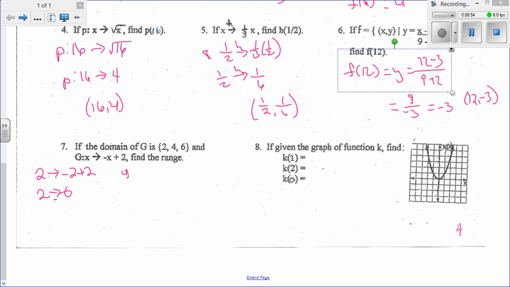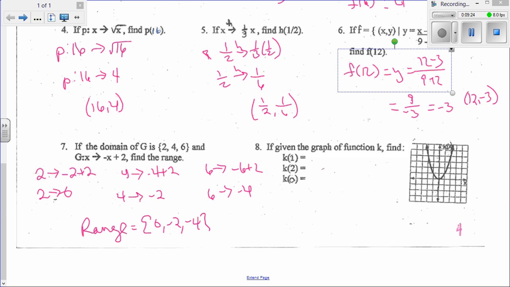When I put 4, I will have negative 4 plus 2, so I have negative 2. And when I put in 6, I'll have negative 6 plus 2, and that'll give me negative 4. So my range is all my y values, my answers here. In this case, I have 0, negative 2, and negative 4.